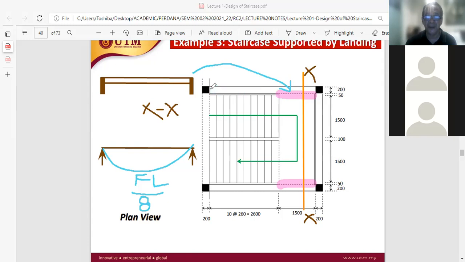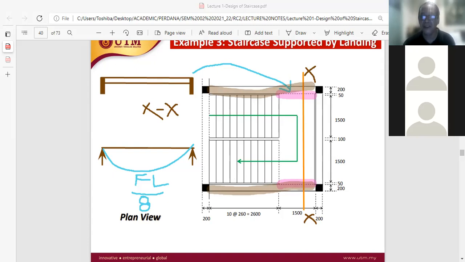Okay. So the beams yang di hujung sini dengan hujung sini, this is the beams that is supporting the staircase. Supporting the landing. Okay, itu focusing on the landing itself from this plan view.